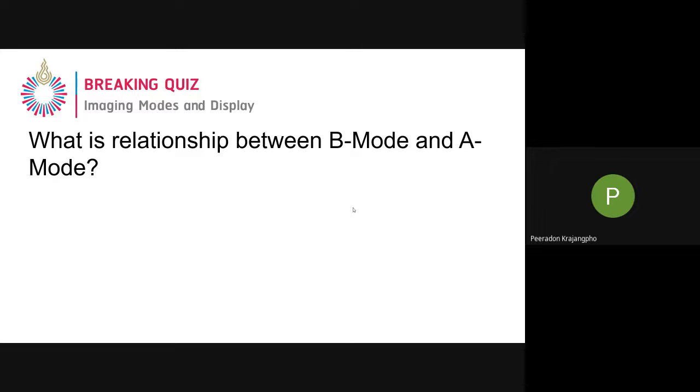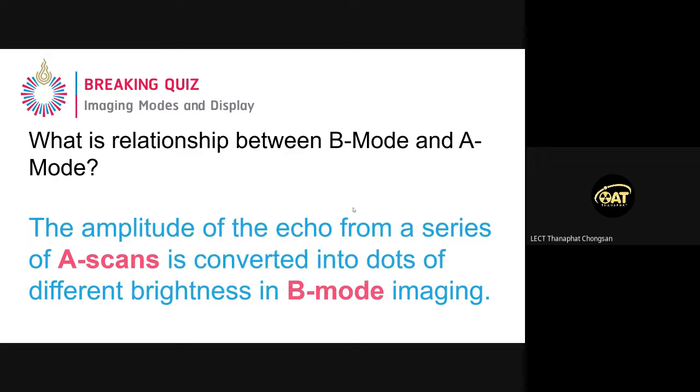A mode is amplitude mode, and B mode is brightness mode. The answer is: the amplitude of the echo from a series of A mode is converted into dots of different brightness in B mode.